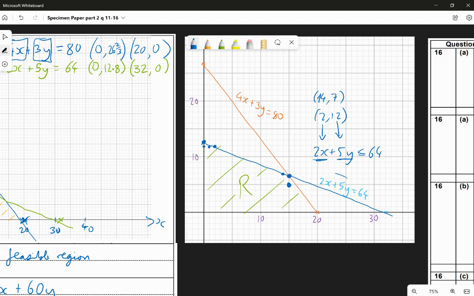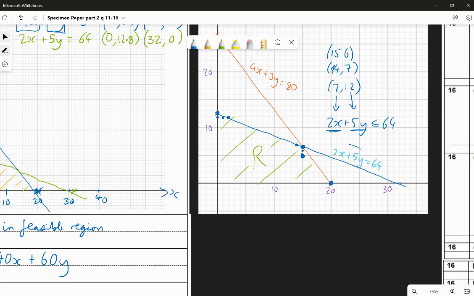It is 63. So (14, 7) works, as does (15, 6). So (15, 6) is just there. And also (20, 0) is in our feasible region.